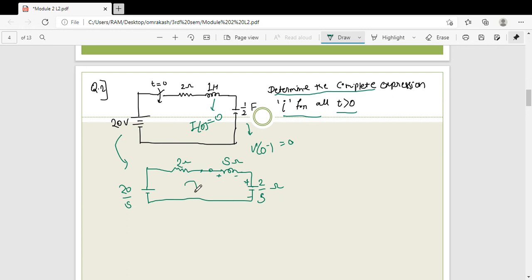Apply the KVL here for finding the expression of this I. Simple, you need to apply KVL in the loop.